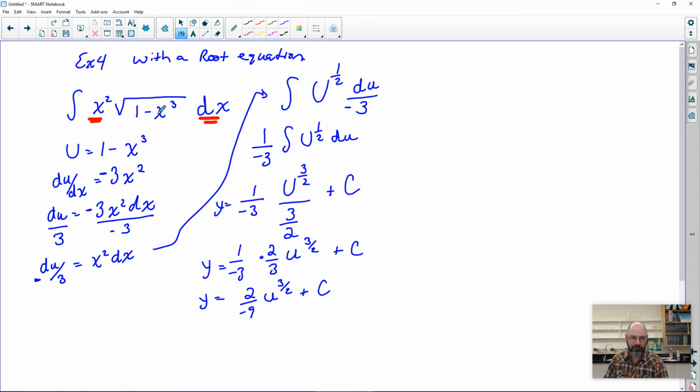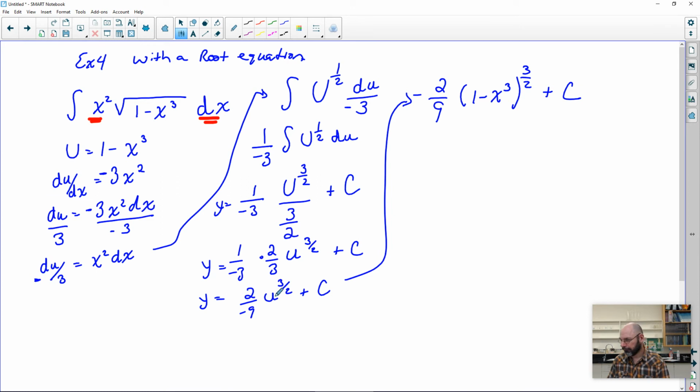Now we have to convert it back by putting this number back in for u. So we've got 2/9, which is negative, and we multiply that by 1 minus x cubed to the power of 3/2 plus c.